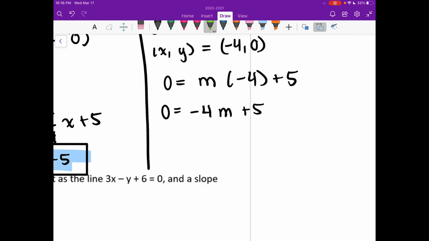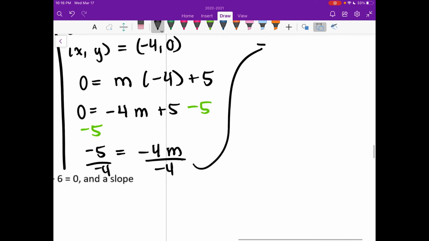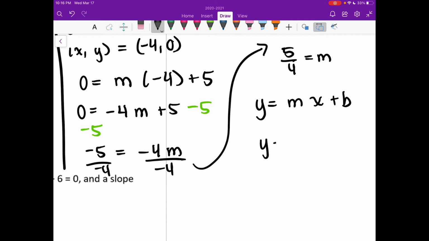I'm going to get rid of the 5 on this side, so I'm going to subtract 5 from both sides. So I'm left with negative 5 equals negative 4m, divided by negative 4 on both sides. So 5/4 equals m. And I can just plug that m back into y equals mx plus b, so I'm going to say y equals 5/4x plus 5.